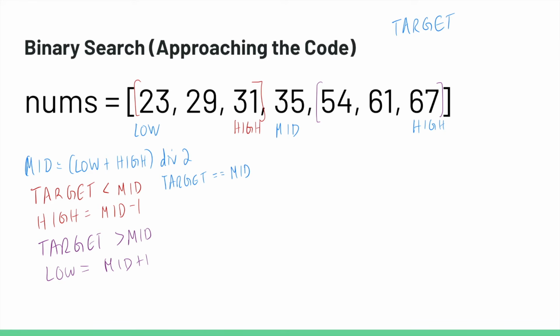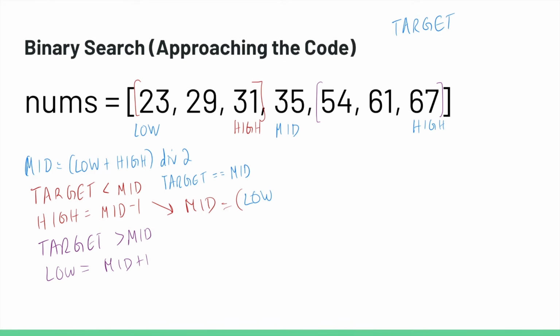Now, once we've changed our high and our low, then we would calculate a new mid. So for example, if target is less than mid, then we calculate a new mid, and we basically use the same formula we had before, which is mid equals low plus high, but actually using the old low and the new high. So I'll just go ahead and erase low. So it'd actually be the old low and the new high.